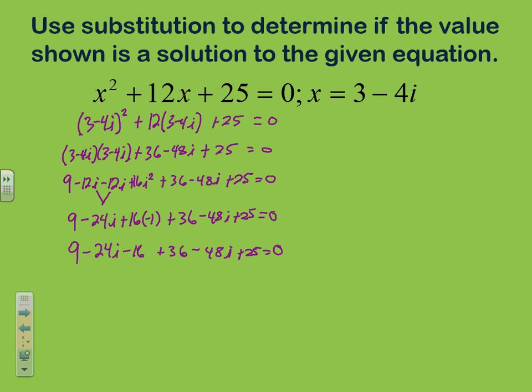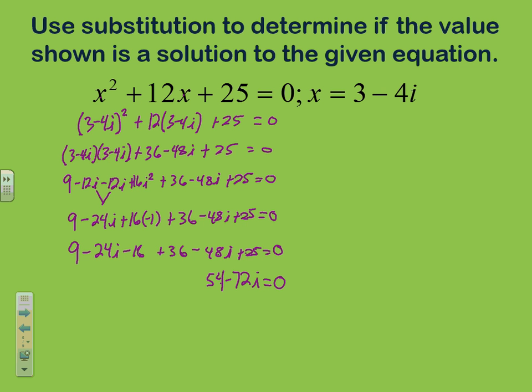So here I have 9 minus 16 plus 36 plus 25, which ultimately works out to be 54, and then a negative 24i minus 48i, which gives me a negative 72i, all to be equal to 0. And so there's no more like terms that we can combine.